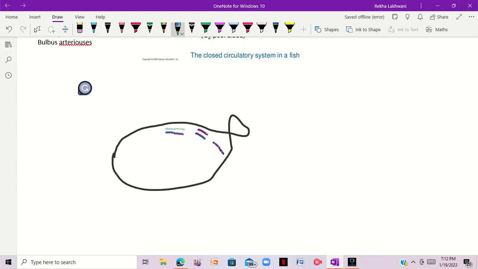Now, consider that here we are having deoxygenated blood. Okay, let's mark the deoxygenated blood. We have deoxygenated blood and it is entering the capillaries. This is deoxygenated blood, right?